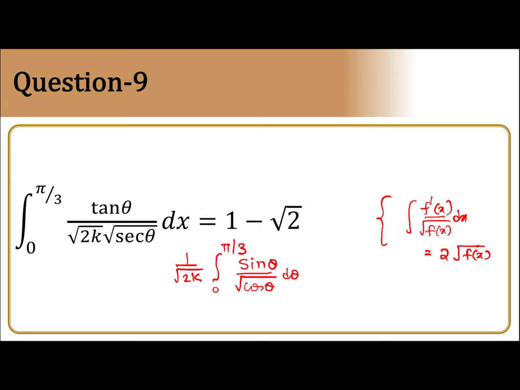That's not a big issue. So we can write this as minus 1 by root 2k. Of course, limits will also change. The limits will be 1 to root 2, 1 by root 2. So automatically we get 2t.